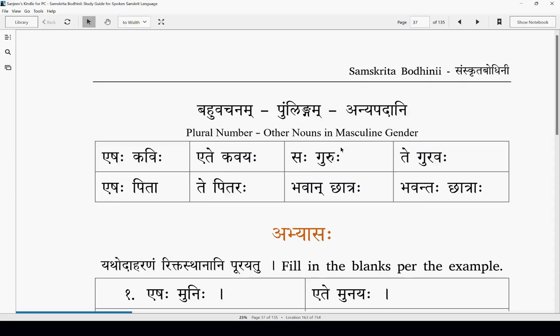Base word Guru, the letter is U. How to pronounce Guruhu? The Visarga pronunciation sounds like who. You know how to pronounce this? Who? Guruhu.